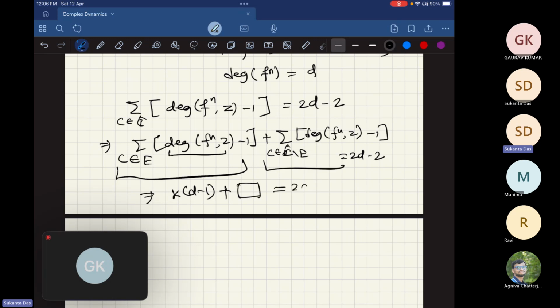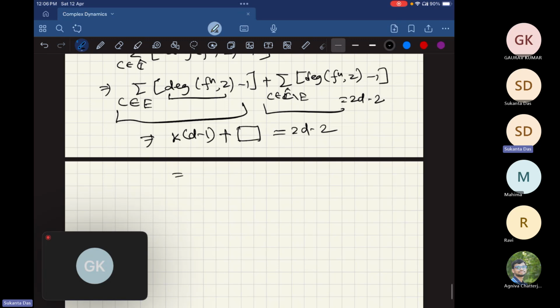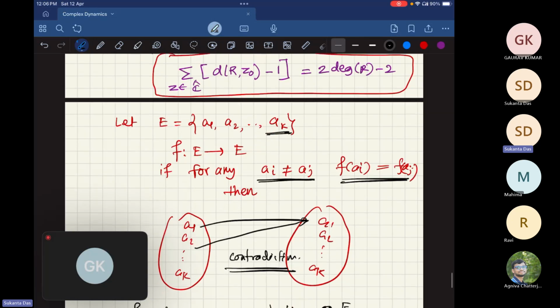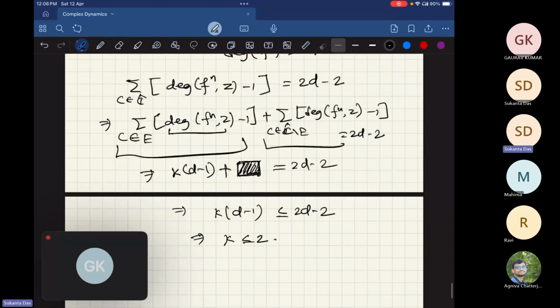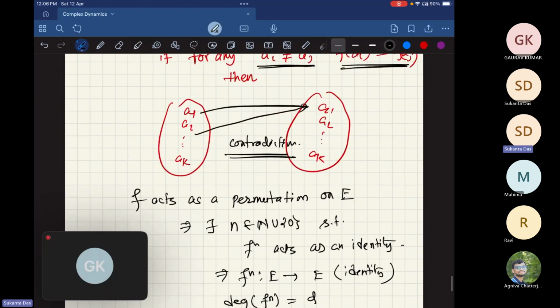So this is equal to 2d minus 2. So that means k into d minus 1 is less than or equal to 2d minus 2. And obviously you can see this cannot be a negative term, right? That is why I am getting k less than or equal to 2. So I have shown that this is less than or equal to 2. That means it can contain at most 2 points.